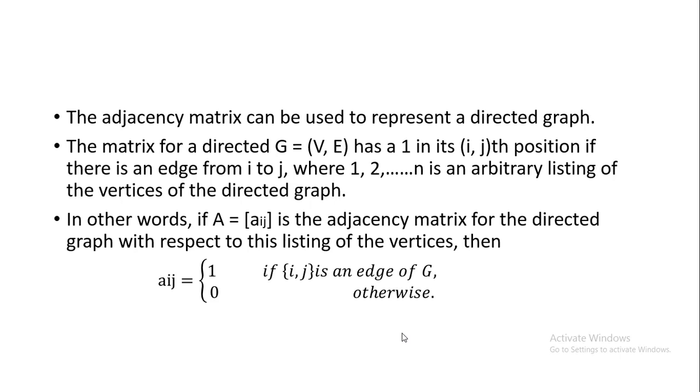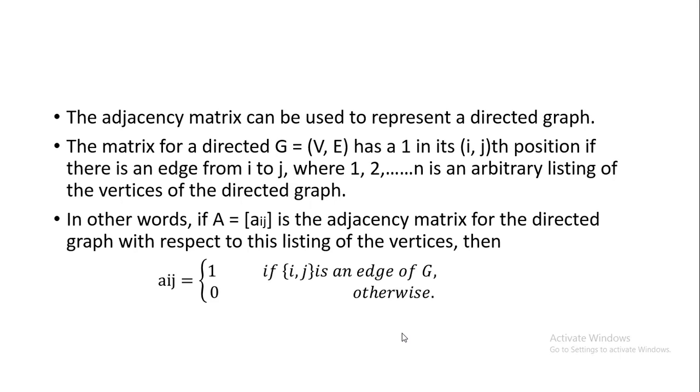The matrix for a directed graph G has a value 1 in its ij-th position if there is an edge from i to j, where 1 to n is an arbitrary listing of the vertices of the directed graph.